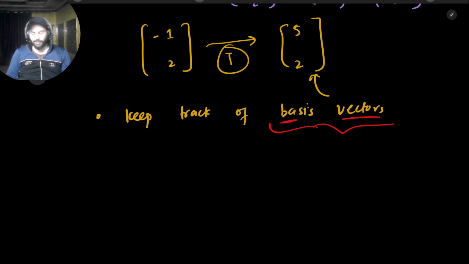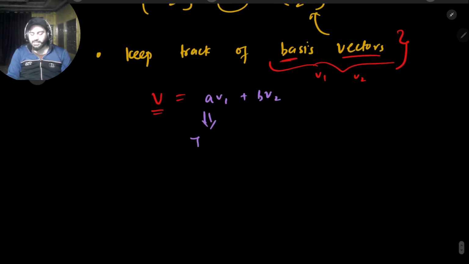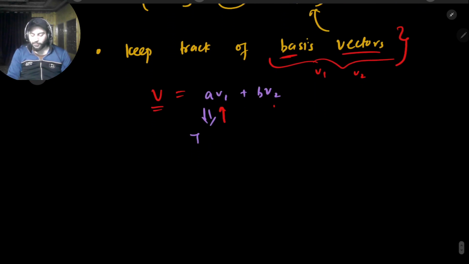So if I apply some transformation, the only point that I need to take care of is where these basis vectors land. Let's suppose I have a vector v, and I have the basis vectors v1 and v2. If v is represented as a times v1 plus b times v2, and I apply some transformation, I'll just keep track of where v1 and v2 went.